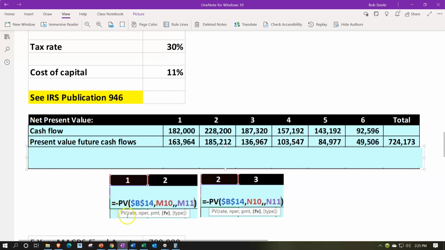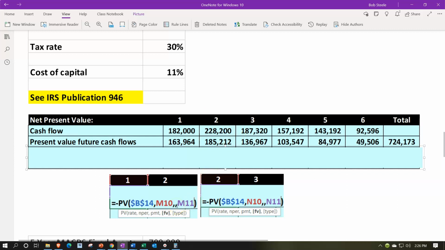Present value, negative present value of the rate. The rate's going to be that 11%. Notice here it's represented with an absolute reference, $ before the B and the 14, so that when I copy it across, it will not move that 11% amount. Comma, number of periods. The number of periods is 1. You could have hard-coded it here, but I'd rather have it referencing this cell, so when I copy it across, it will then pick up 2 and 3 and so on as it should for the formula.